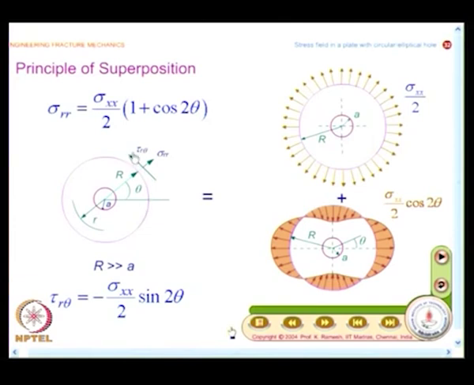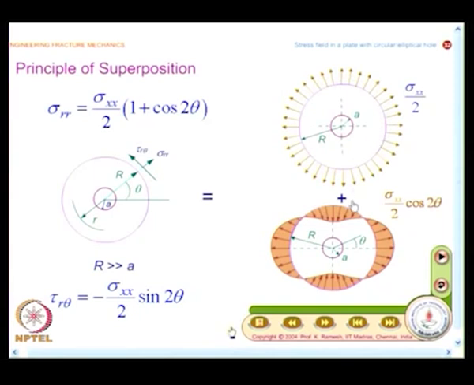Whatever you have as the boundary condition on this hole could be thought of as a superposition of two problems. Here I have sigma XX by 2; look at this as an annular plate with sigma XX by 2 acting uniformly all over the boundary. This is one problem. For this you already have a solution; this is nothing but your Lame's problem.